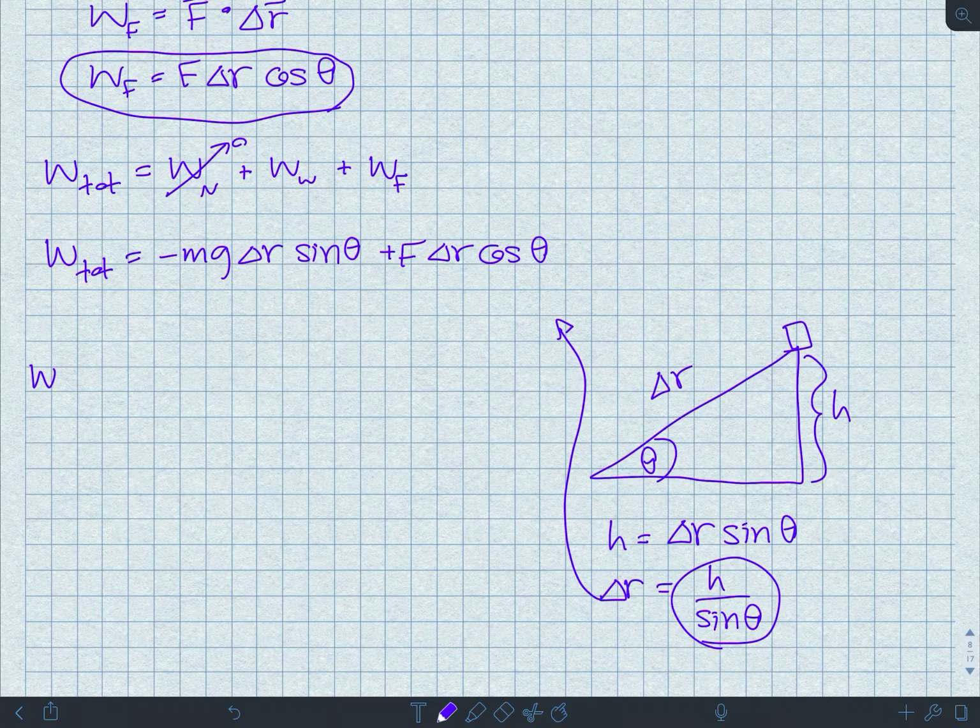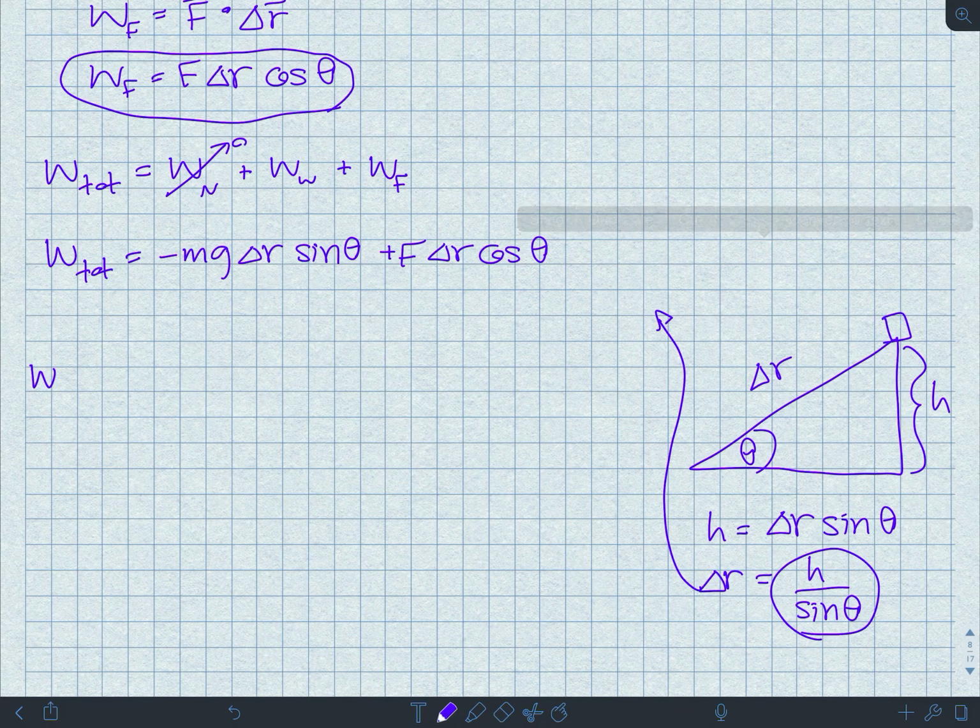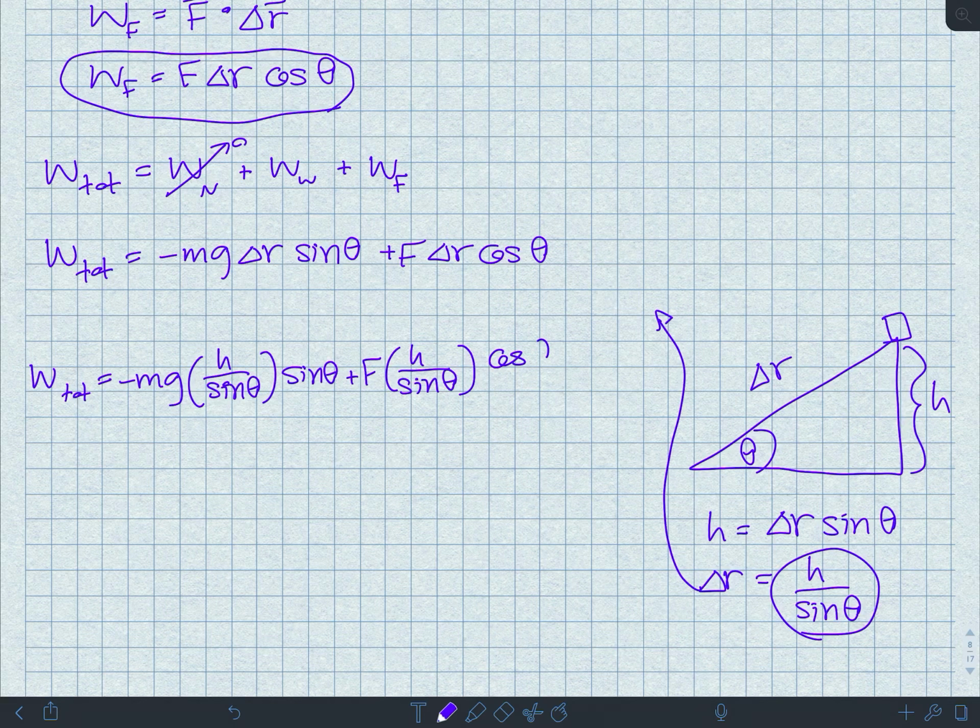Okay, so my total work is going to be minus mg, now my delta R is h over sine theta, and then also we have the sine theta. Then F, h over sine theta, and then cosine theta.